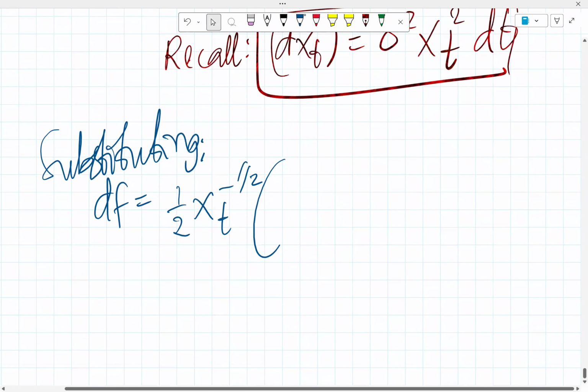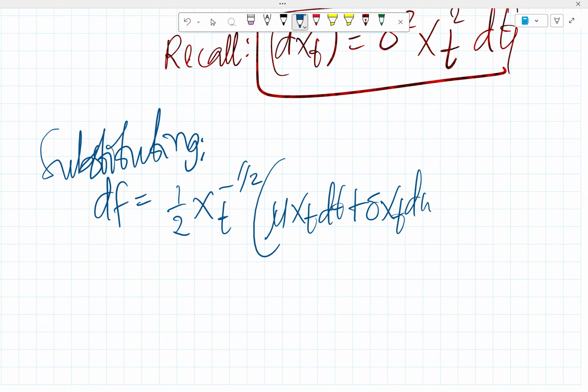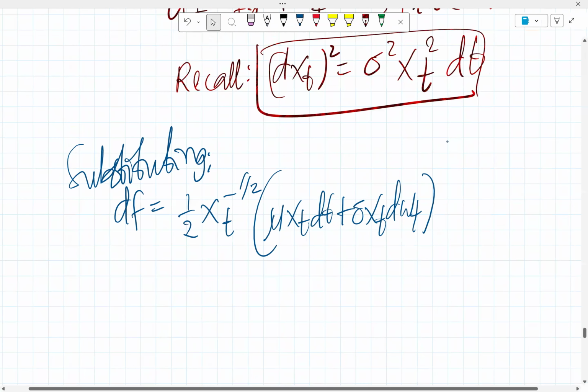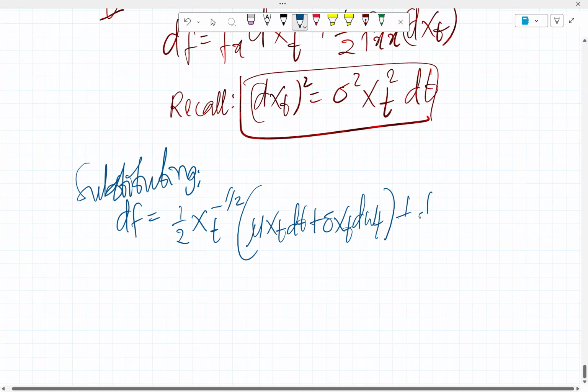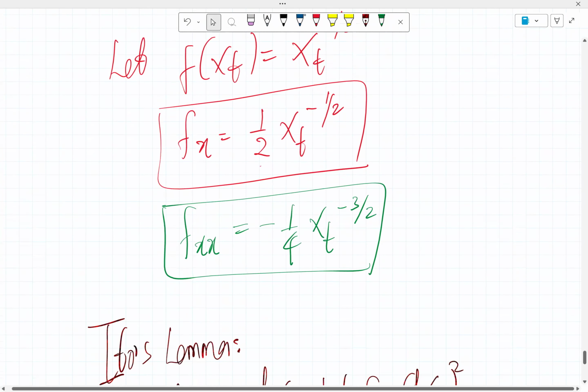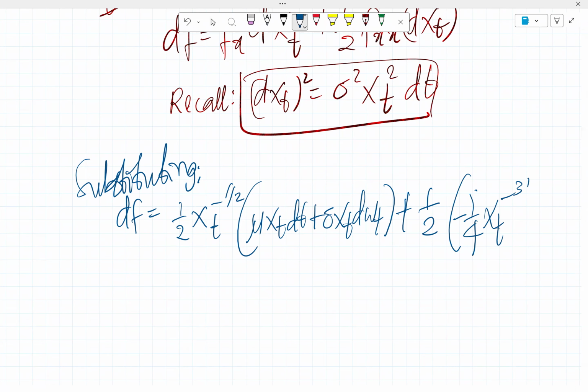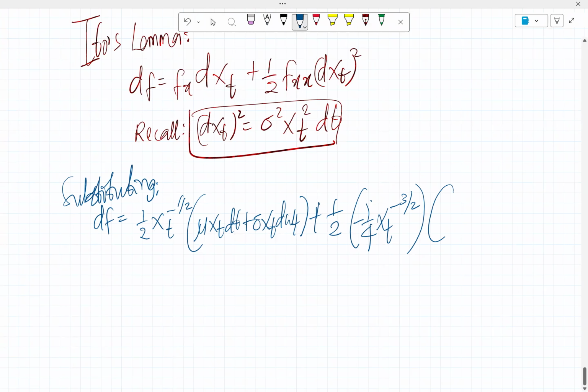So we have mu x_t dt plus sigma x_t dW_t, plus half f_xx, which is minus 1 over 4 x_t raised to minus 3 over 2, into sigma squared x_t squared dt.